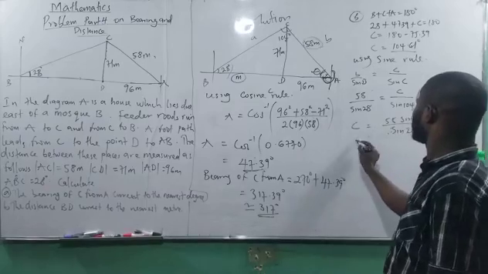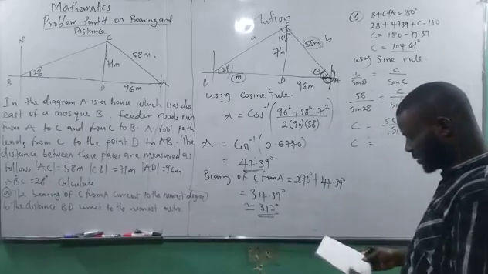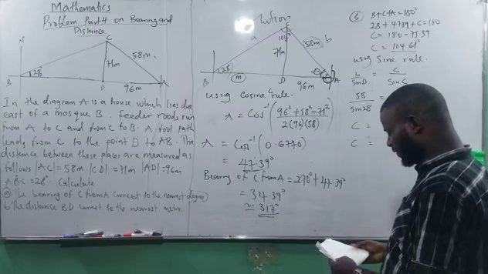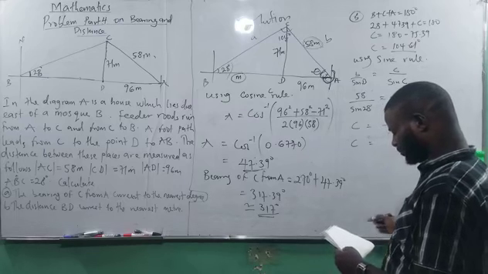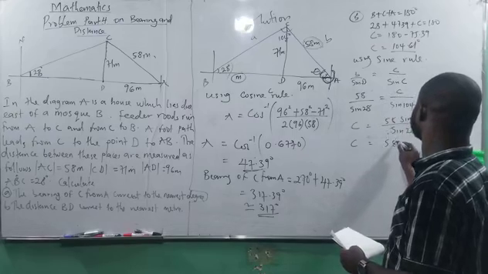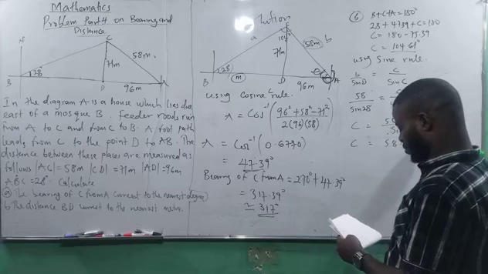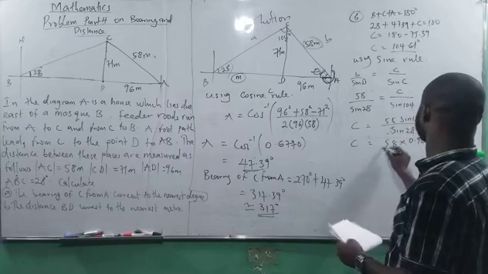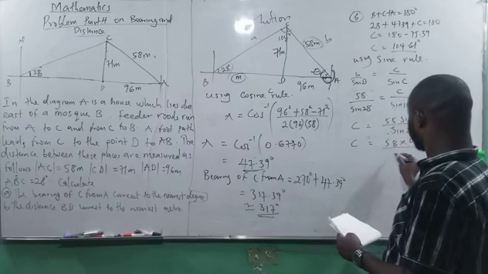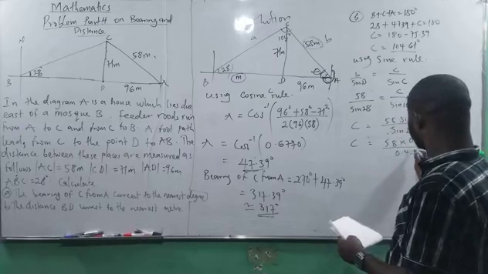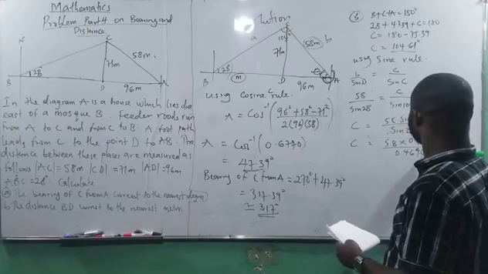If I press my machine, I'll be having 58 multiplied by 0.9677 divided by 0.4695.